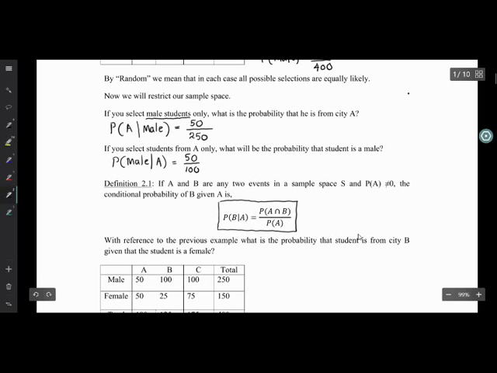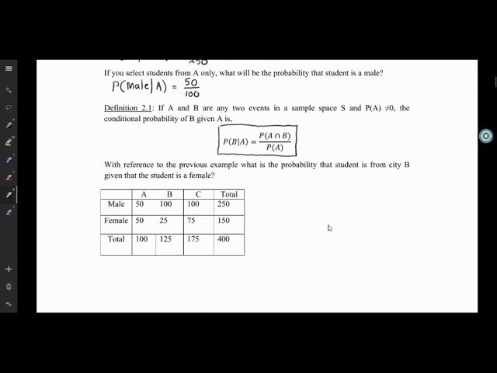Now if you go back to the same example again and use the definition of the conditional probability to answer those questions, we'll see what will happen. So let's try to find the probability that the student is from city B given that the student is a female.